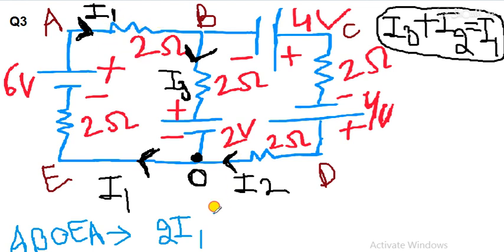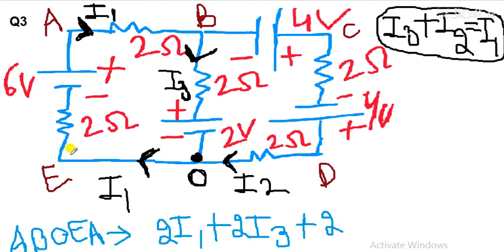Now we are again moving in the direction of current, plus 2, all the resistances are of 2, so plus 2I3 will be there, and then we are moving from positive to negative terminal of the battery. So we have to mark here plus 2, as we are moving from positive to negative terminal of the battery. So plus 2 we will write here.